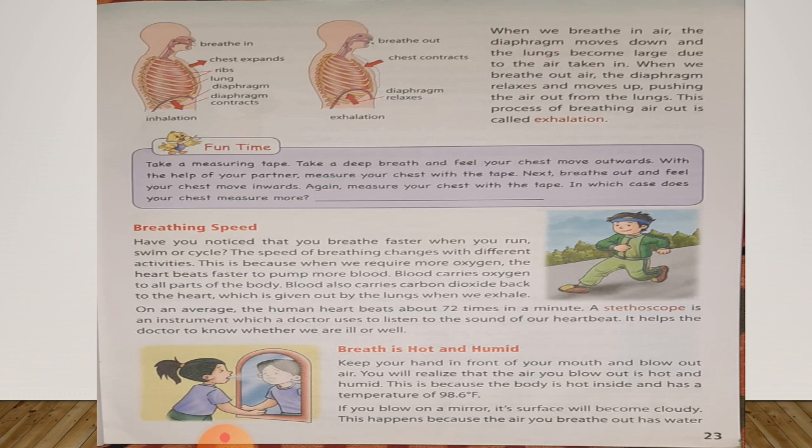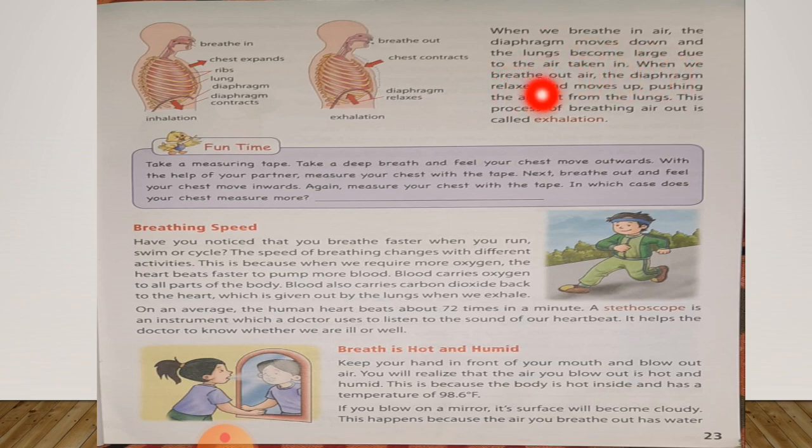So, when we breathe in, oxygen which is present in the air goes into our lungs, and there the diaphragm moves down and the chest swells due to the air taken in. This process of breathing air in is called inhalation.